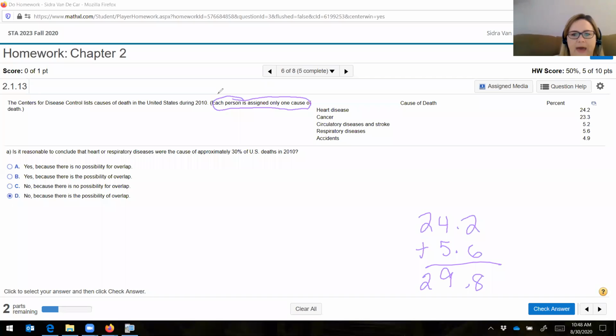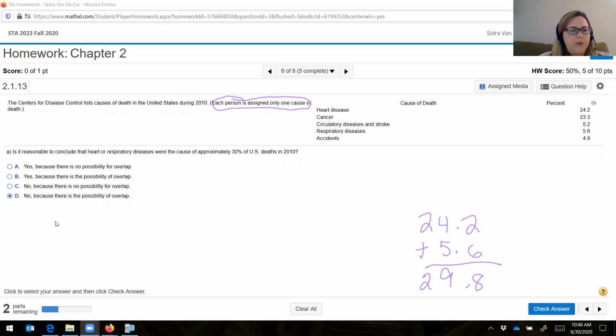It could be that maybe I had cancer and heart disease, and even though the cancer would have killed me eventually, right? The heart disease itself is what killed me, okay? So there might be more than 1 condition affecting a person, but the actual cause of death is the one that's listed here.